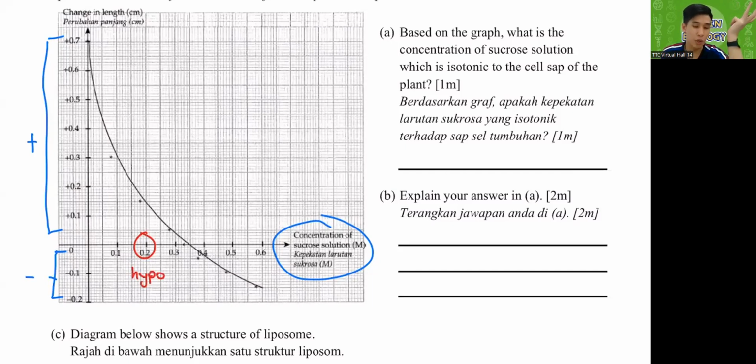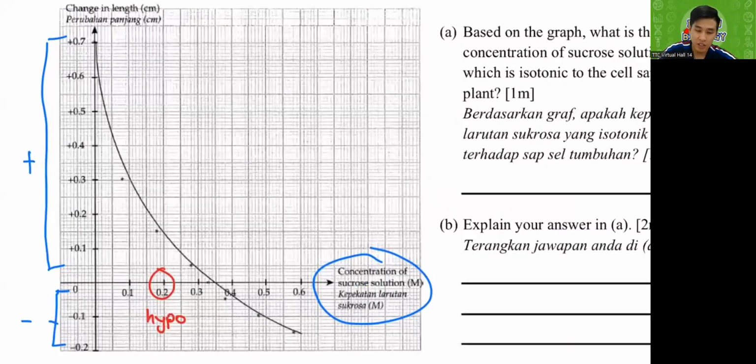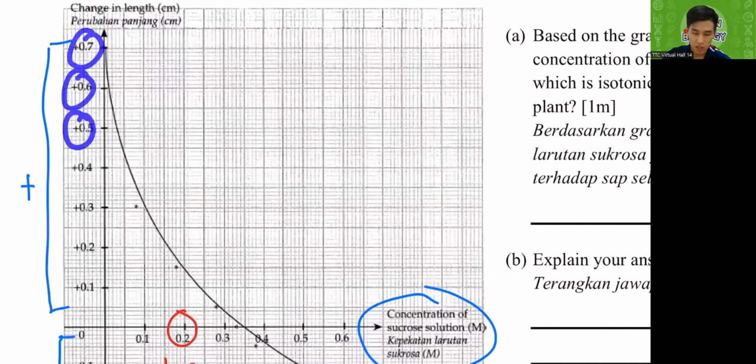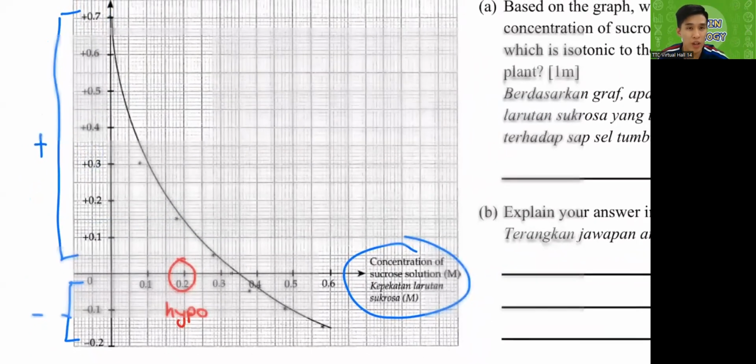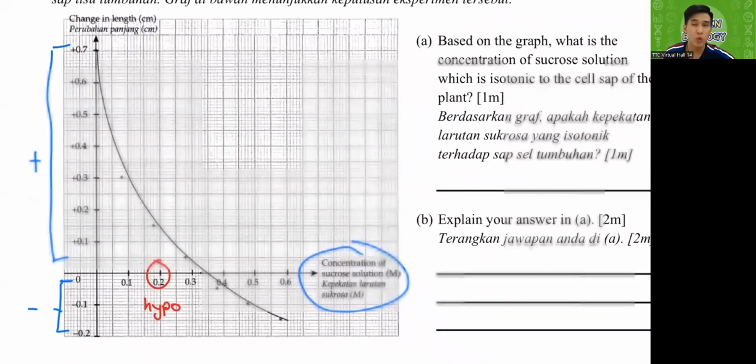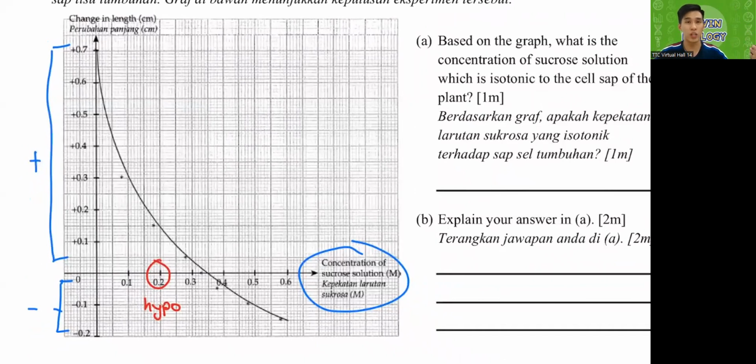Because you can see at 0.2, your length increases. Right, at 0.2, the length increases by 0.15 cm. If the length increases, it means what? Water goes in or out? Water goes in.